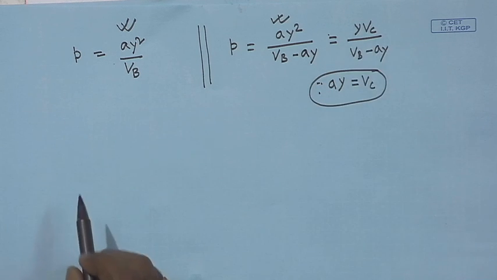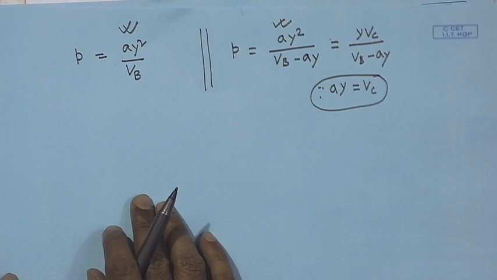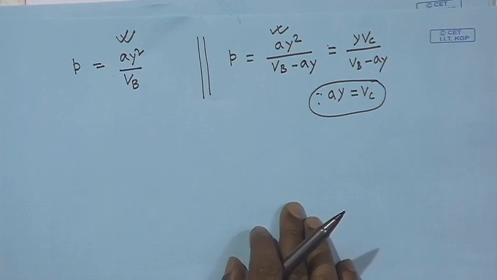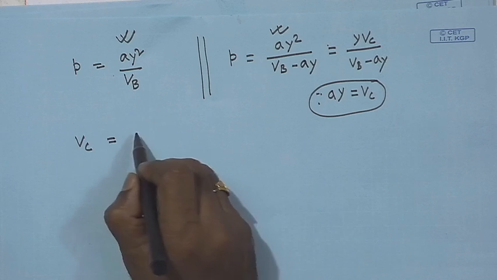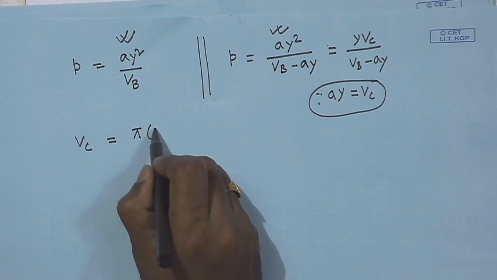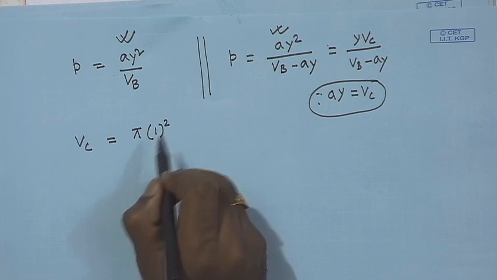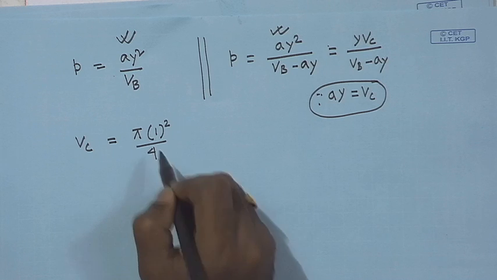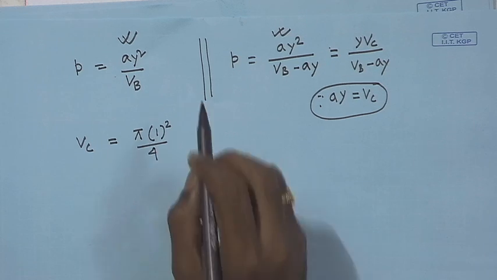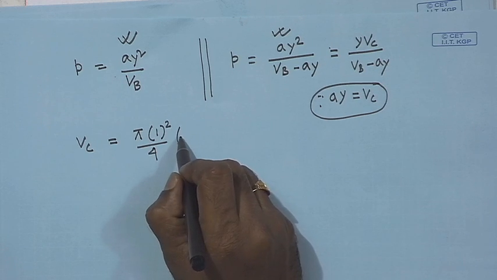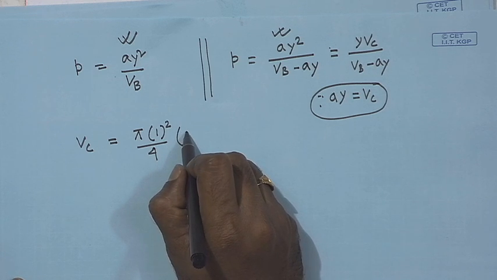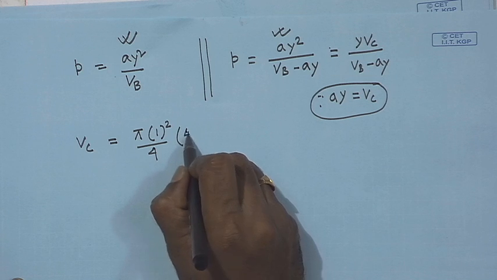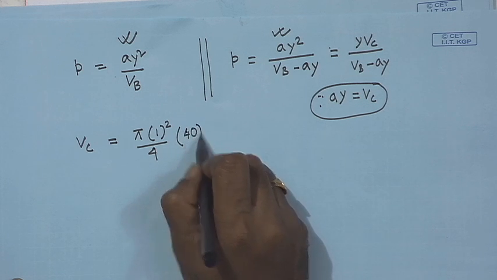V c is the volume of the capillary. So, let us calculate first V c. 1 millimeter diameter, we have 4 centimeter reading, so 40 millimeter.